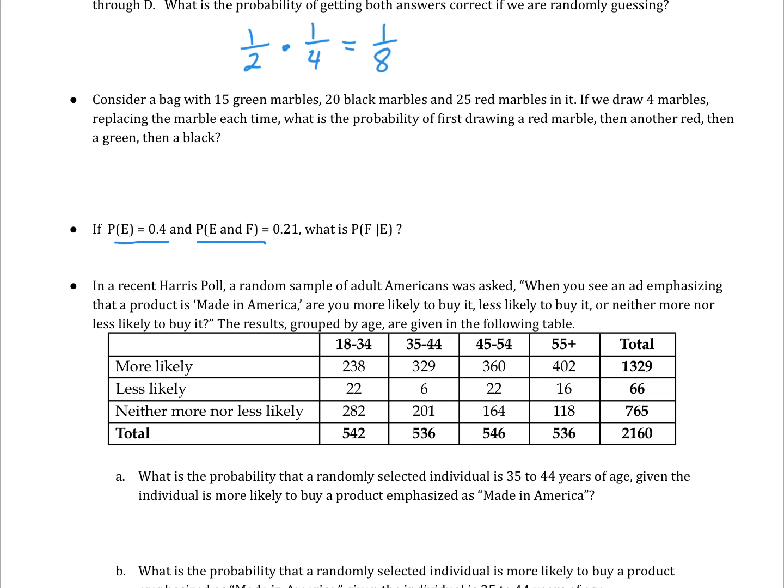So my probability of E is 0.4, excuse me. My probability, again, of E is 0.04. And the probability of both is 0.21.